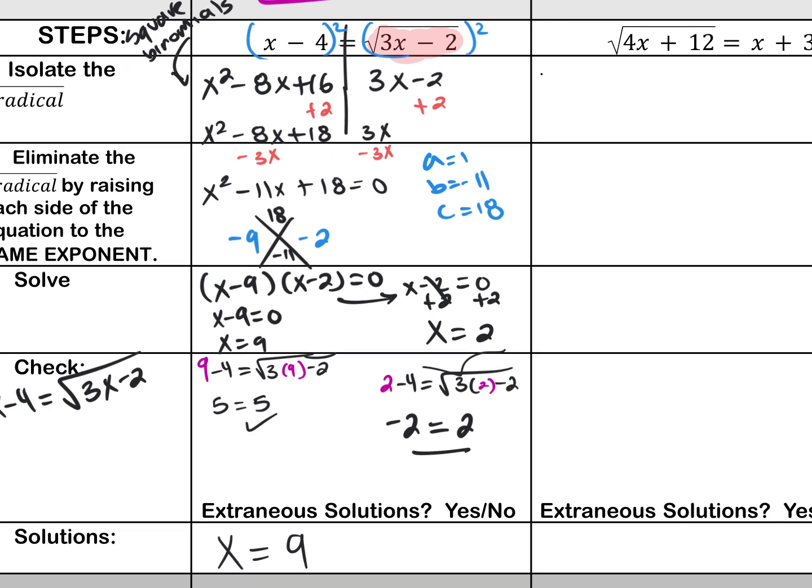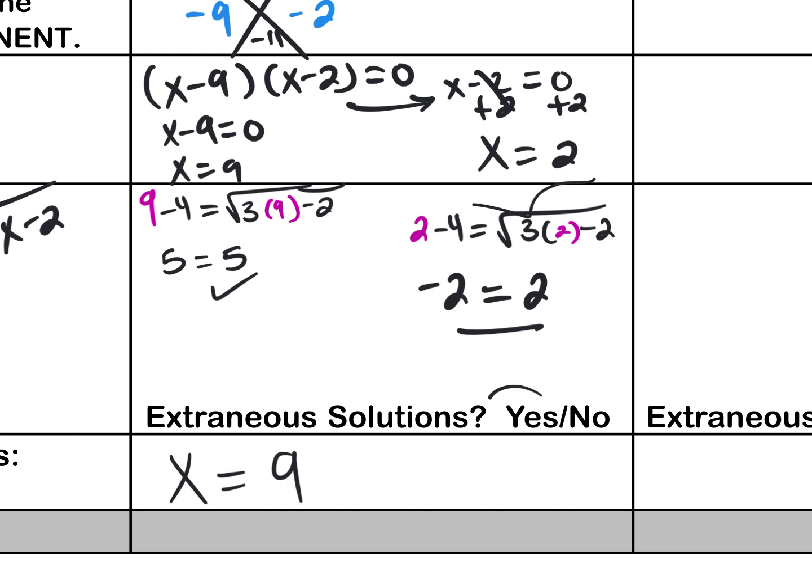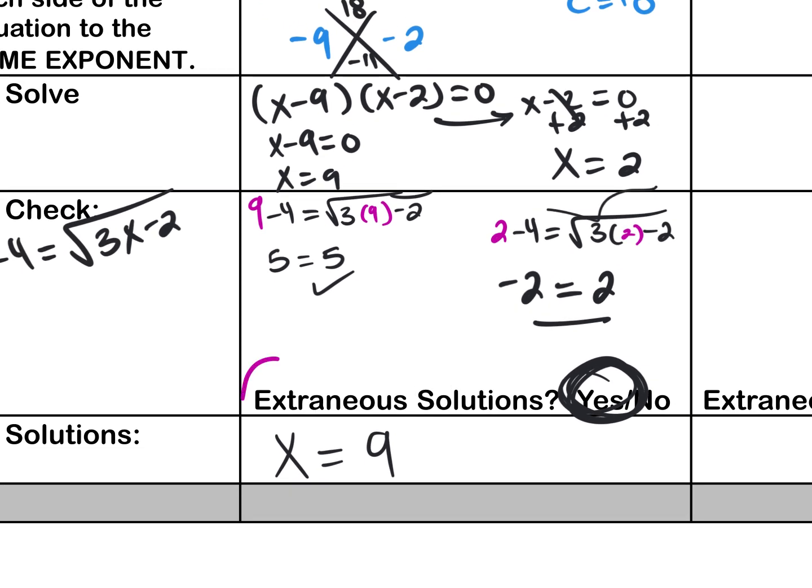These two numbers are not the same. It gives me a false statement, so I have an extraneous solution. That's what an extraneous solution looks like. I did all the work correctly, but my answer does not work. It gives me a false statement. So my extraneous solution is x equals 2. That's my extraneous solution. My actual solution is x equals 9.